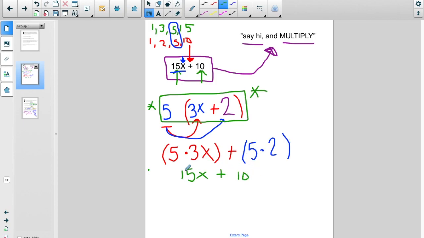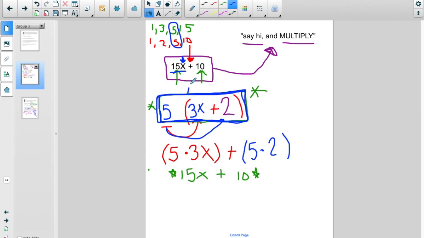Does this answer that we just found out right here in green match the problem that they gave us above? The answer is yes.